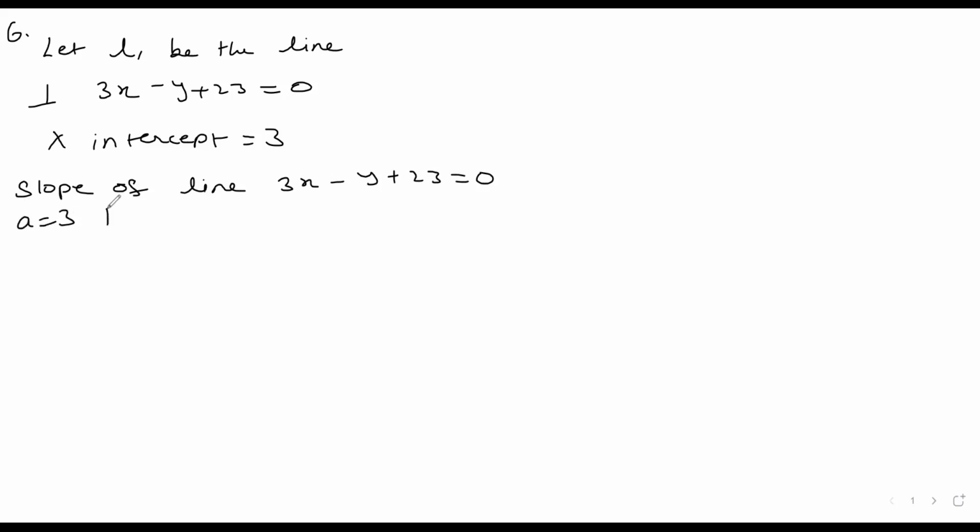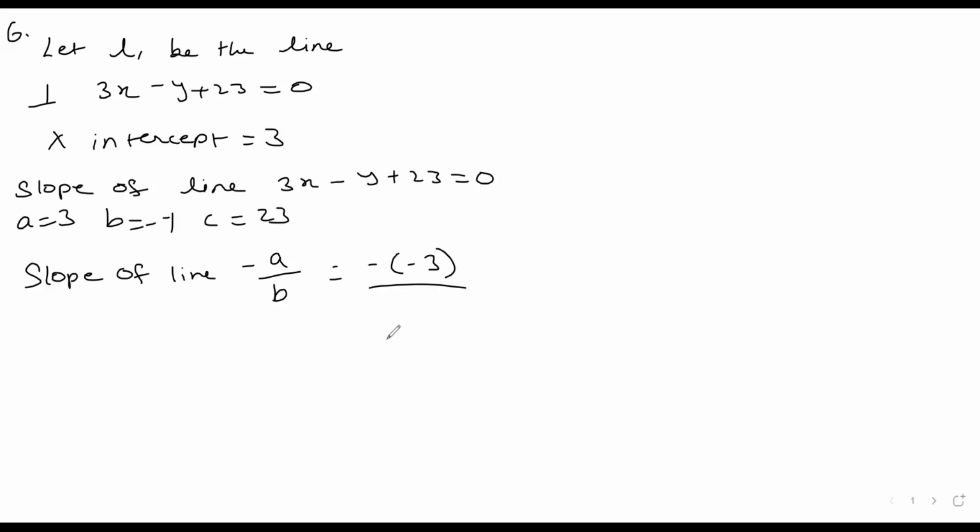Here A is 3, B is -1, and C is 23. The slope of a line is minus A by B. That will be minus of 3 by -1, your answer is 3.